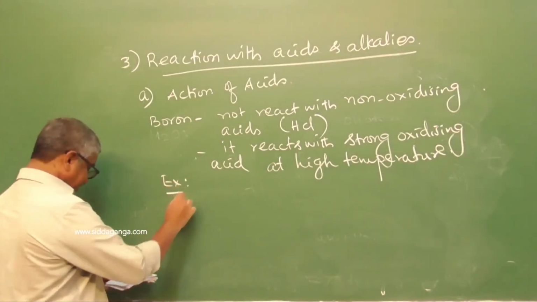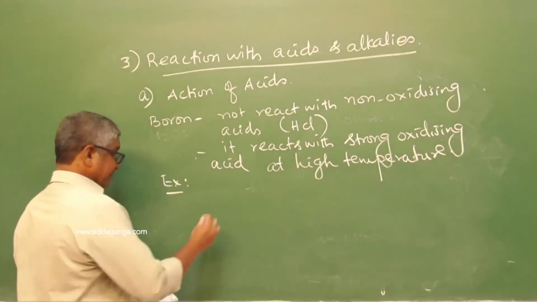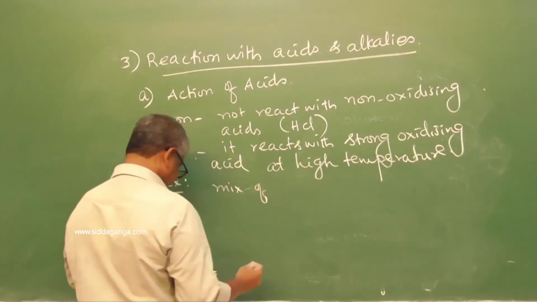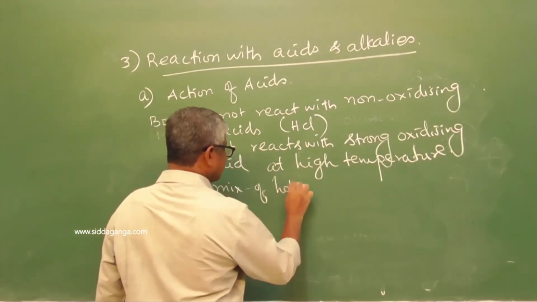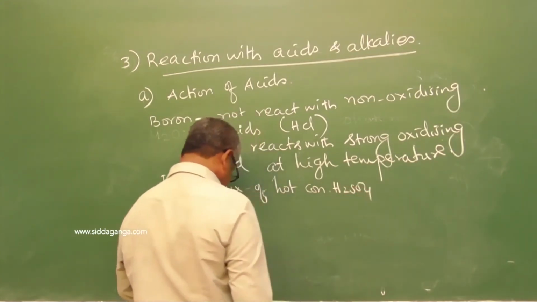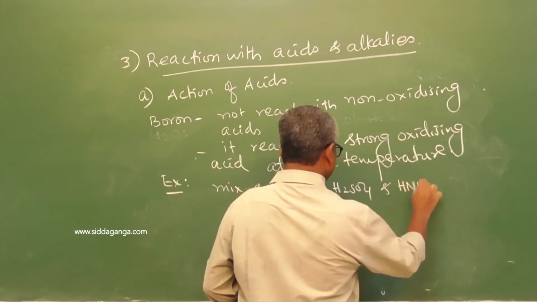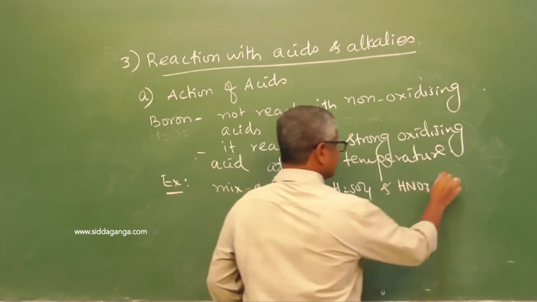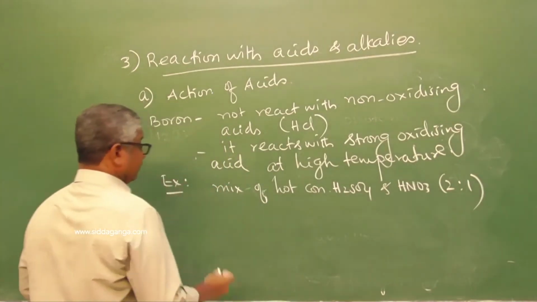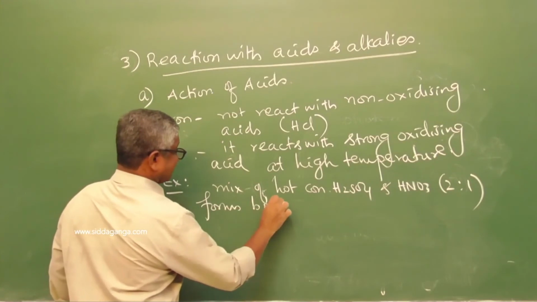If a mixture of hot concentrated H2SO4 and HNO3 in the ratio 2:1 is used, it forms boric acid.